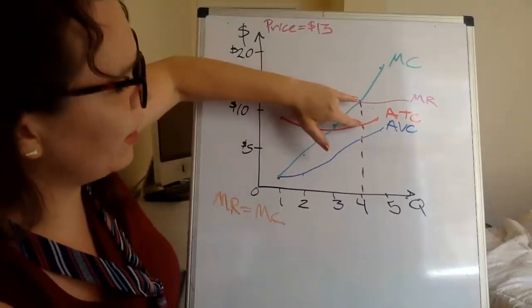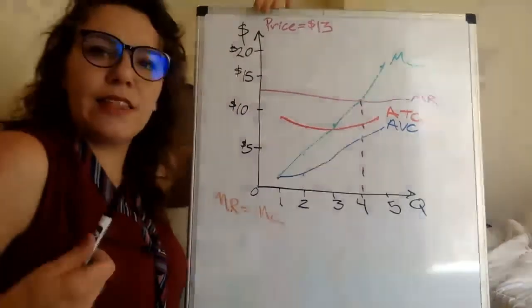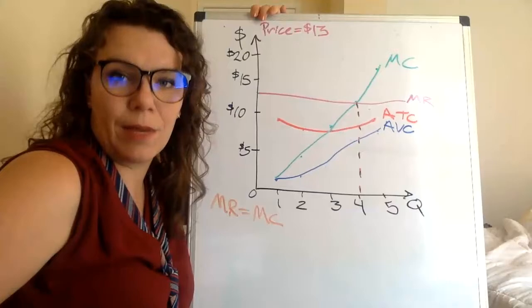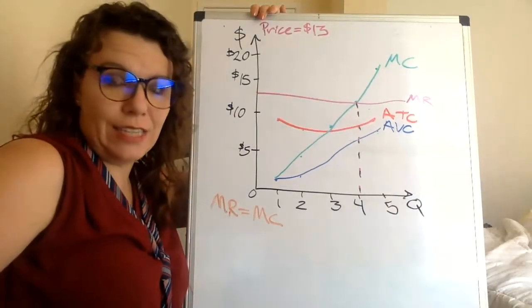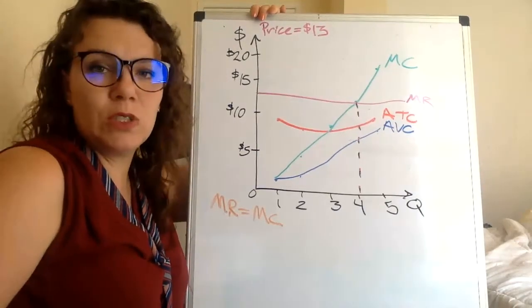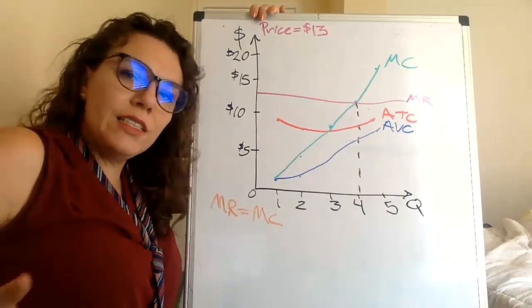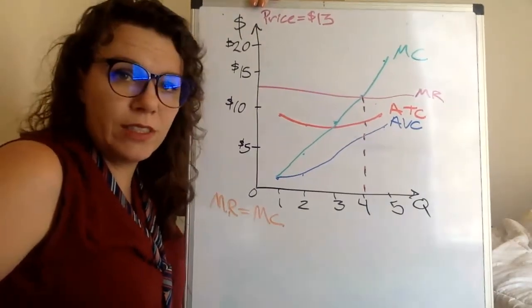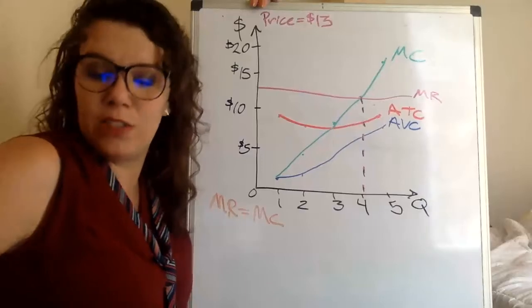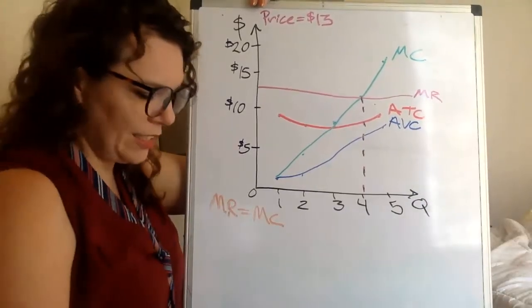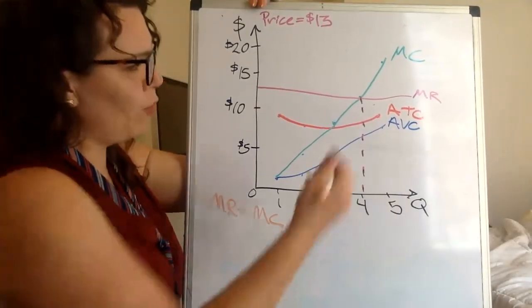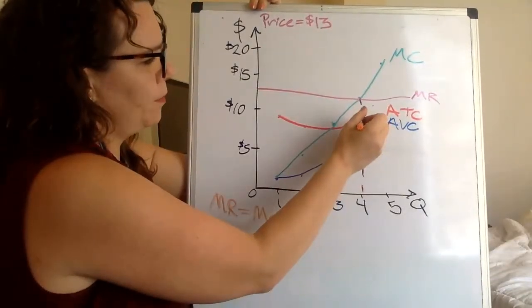And you can see that right here. And that basically means that this firm is going to be earning economic profit. So they will definitely stay in business. They will definitely produce those 4 units. And the reality is the long run equilibrium for this industry is going to be that new firms enter the market. New firms are going to see these economic profits being generated, right?